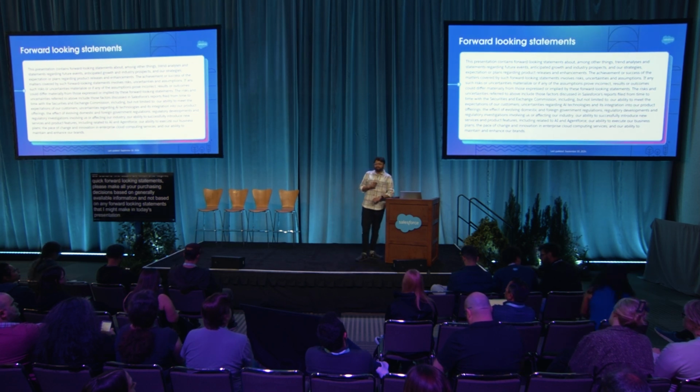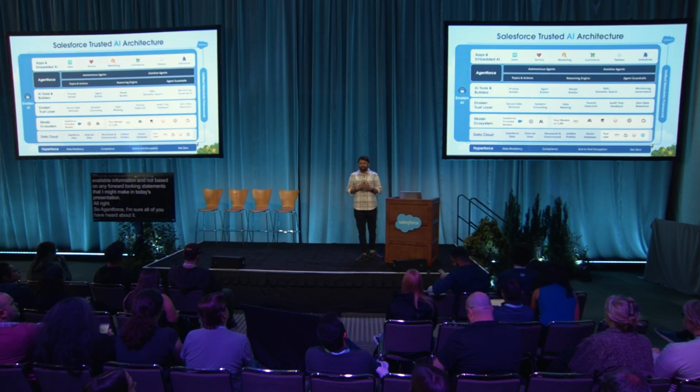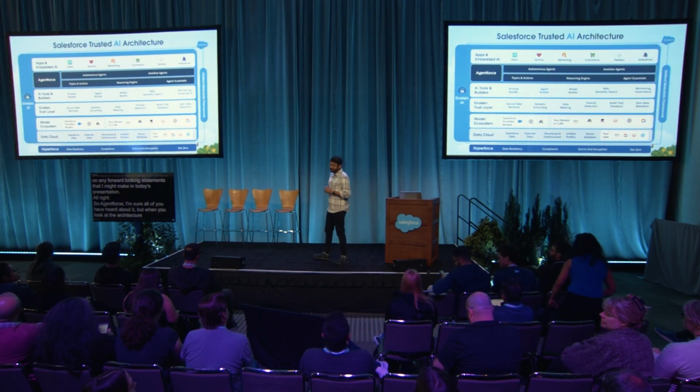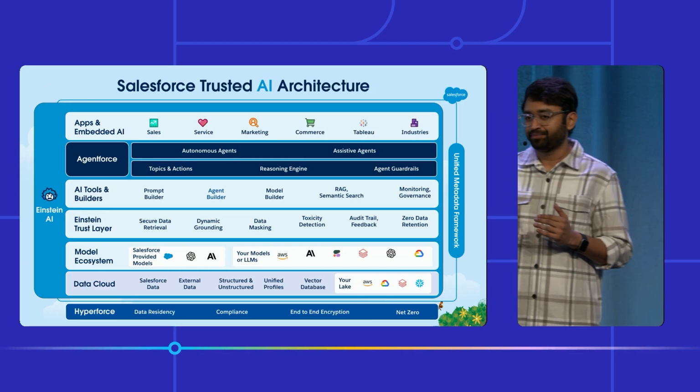All right. So Agentforce, I'm sure all of you have heard about it. But when you look at the architecture, where is it placed? It's not a new tool or a technology built on a brand new platform. It is built on top of the existing Salesforce platform, and it leverages the unified metadata layer.